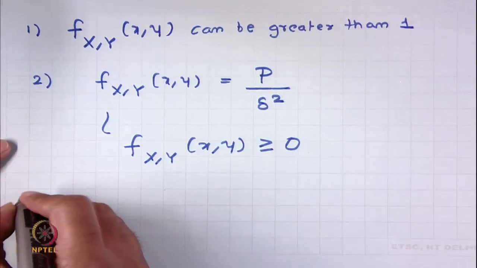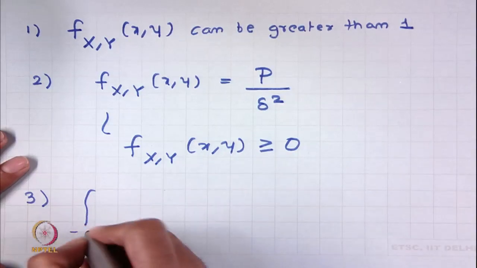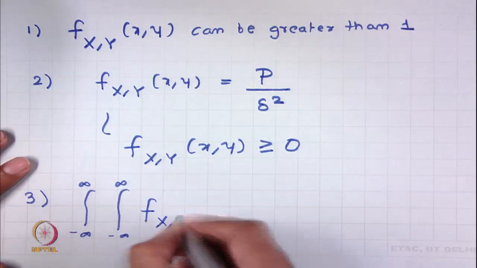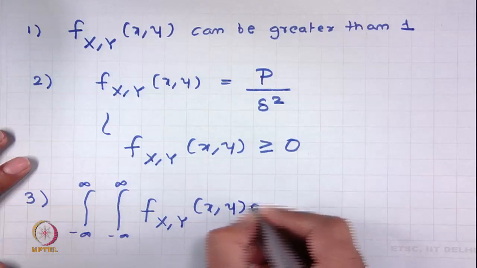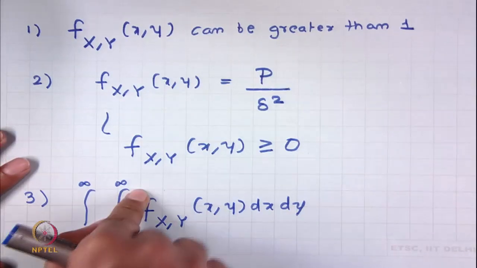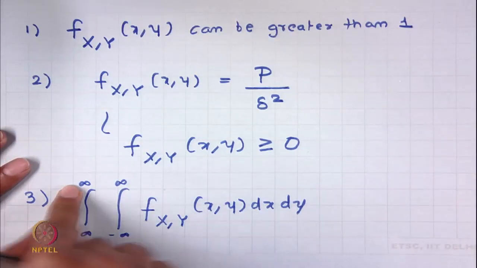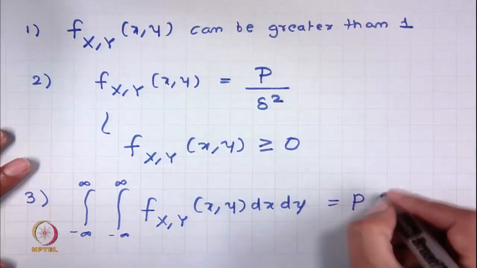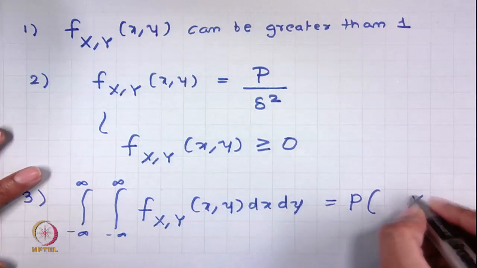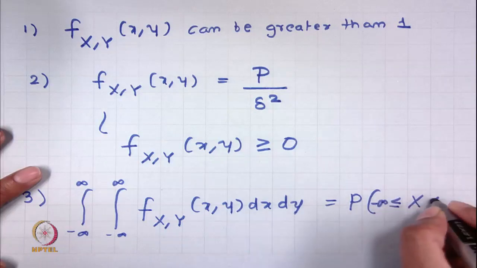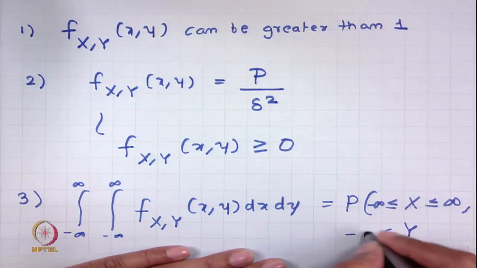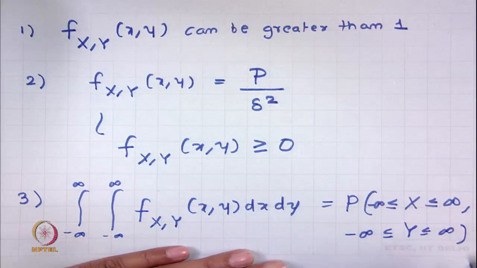The third point: if I integrate this joint probability density function by taking the limits of x from minus infinity to plus infinity and limits of y from minus infinity to plus infinity, this quantity will be equal to the probability that random variable x takes a value between minus infinity and plus infinity and random variable y takes a value between minus infinity and plus infinity.